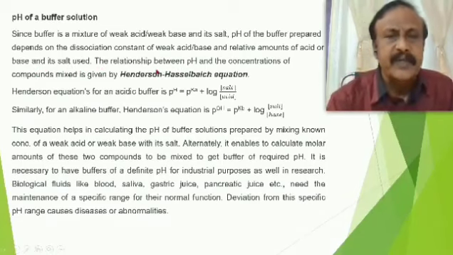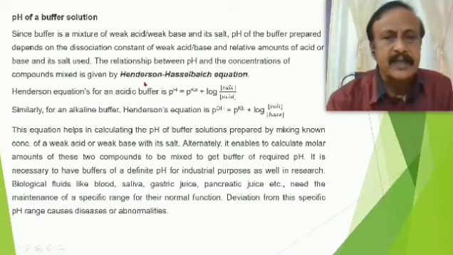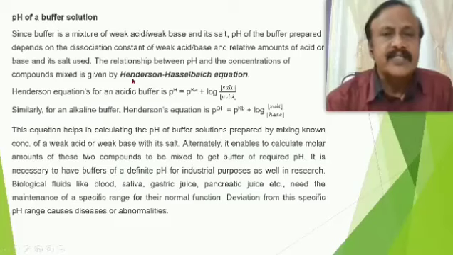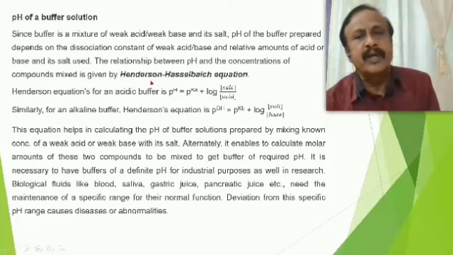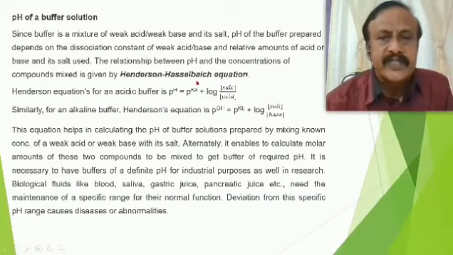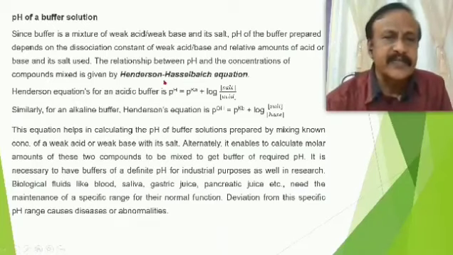The relationship between the relative concentrations of the salt and acid or base used to prepare the solution and the dissociation constant of the weak acid or weak base is given by an equation known as the Henderson-Hasselbalch equation, or simply the Henderson equation.